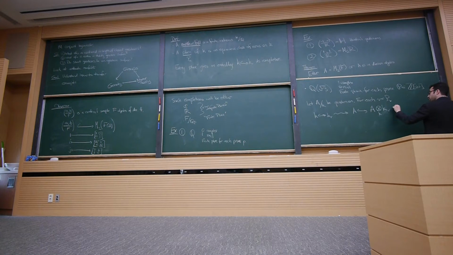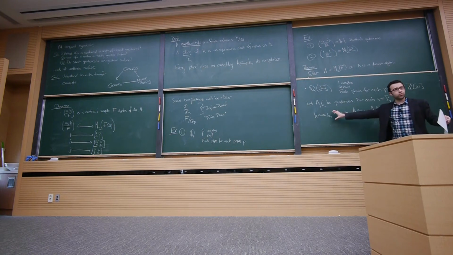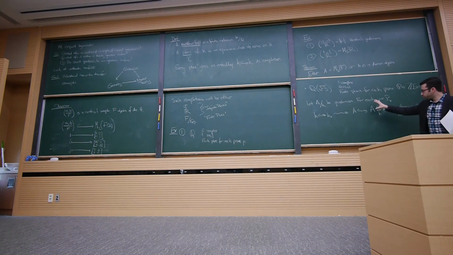And this is going to be a quaternion algebra over the completion. So you take your quaternion algebra over your number field, you tensor it out for each place, you get a quaternion algebra over that completion.